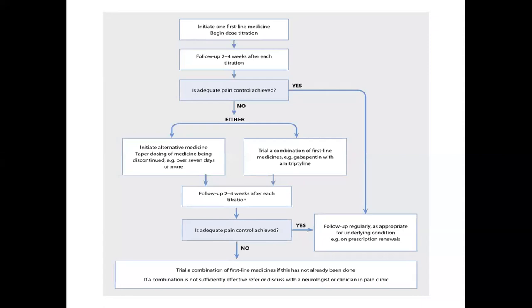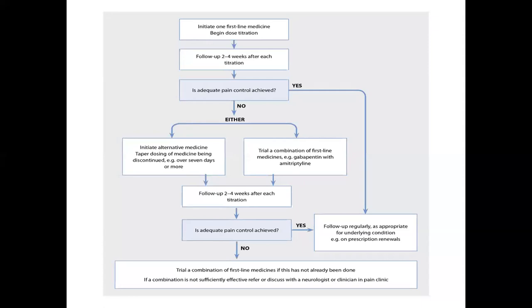So once you initiate the one first-line medicine, you begin dose titration after 2 to 4 weeks. Start your first-line medicine, the best time is in 2 to 4 weeks. After you have started, then titrate your meds.